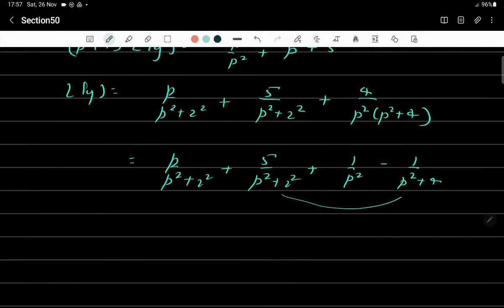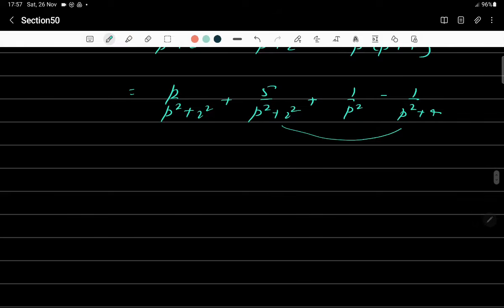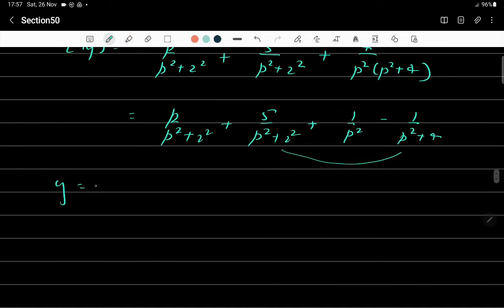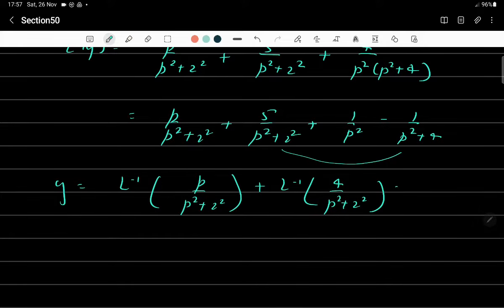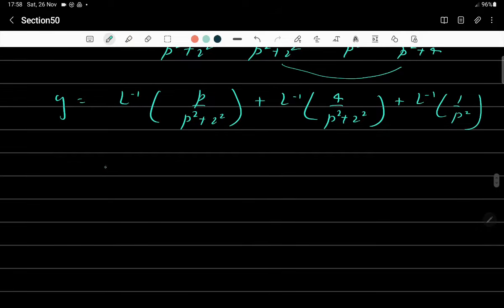Now p square plus 4 can be adjusted here, and that's why your y is L inverse of p by p square plus 2 square plus L inverse of 4 by p square plus 2 square plus L inverse of 1 by p square. The first term is p by p square plus a square, so it is cos 2x. The next one has a 2 extra because of a by p square plus a square, so 2 sine 2x, and the last one is simply x, which is the particular solution of the given differential equation.